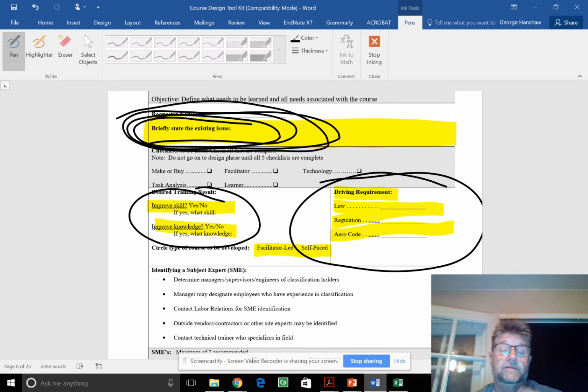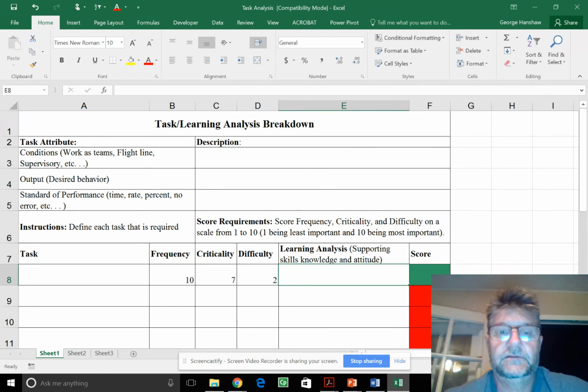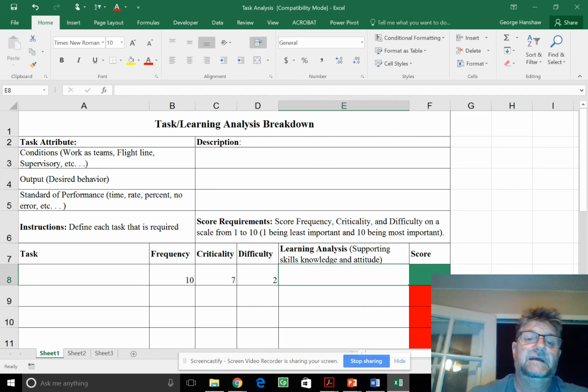And depending on the topic, so are you doing leadership development, manufacturing, what are you doing? We can bring in different tools. So this task and learning analysis breakdown, you could even use this for leadership training, because leadership often comes down to critical behaviors. So you could actually map out your critical behaviors too.